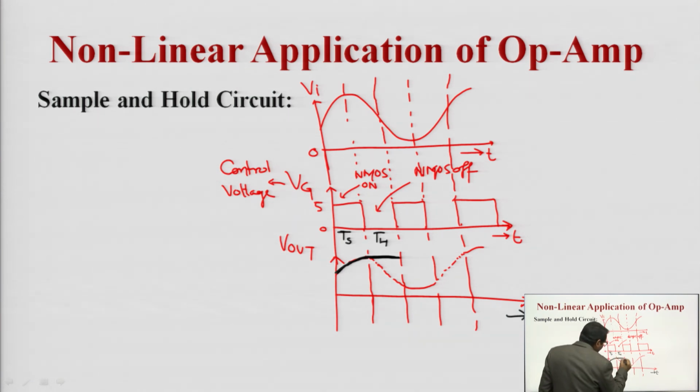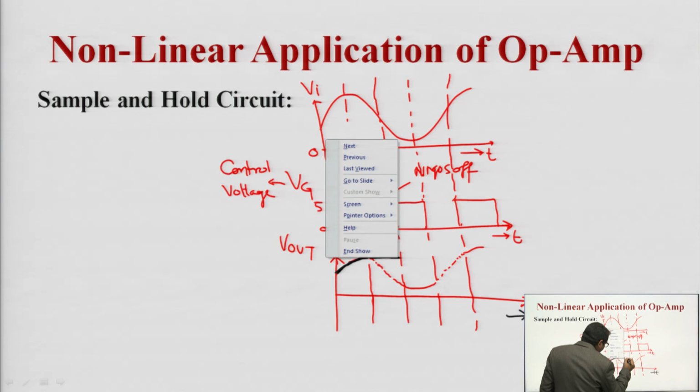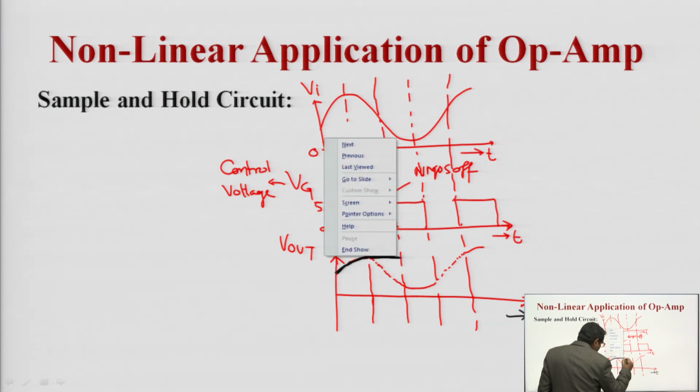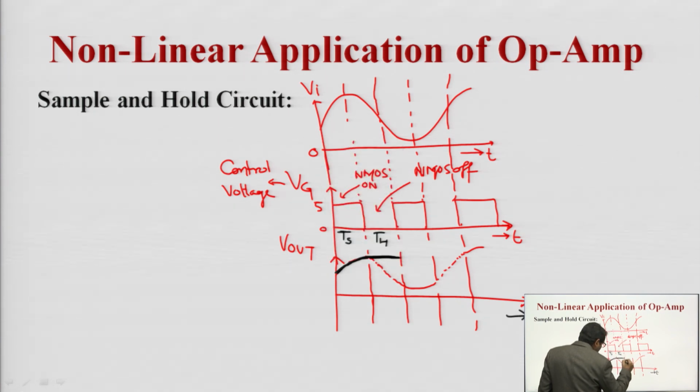Okay. Now, next, when NMOS is on, we jump from case first and it follows the input. Now, next, NMOS is off, and for this section NMOS is off, it holds data.